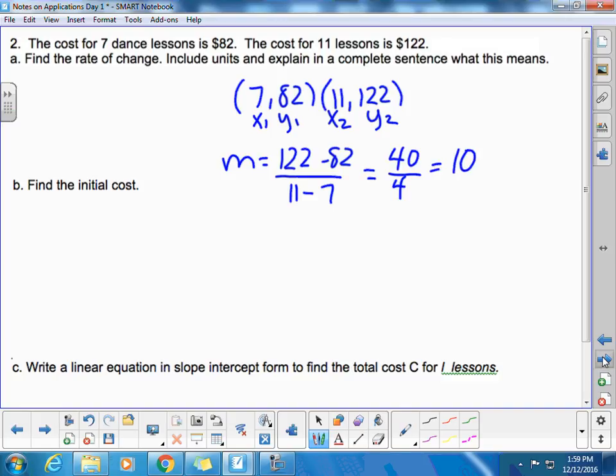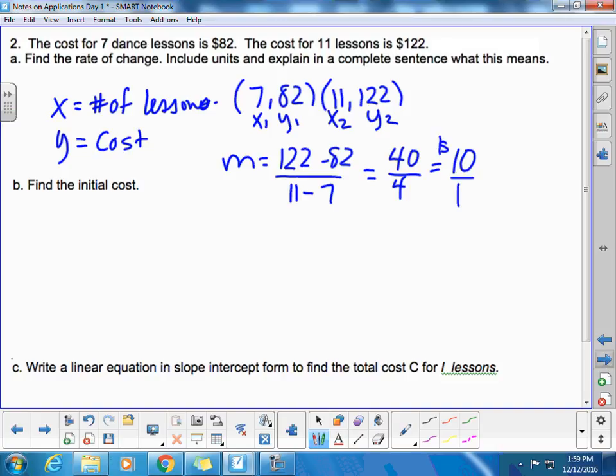It says include units. So I'm going to say x is the number of lessons and y is my cost. I should have started with that probably. This is rise over run, so this is rise. So it would be $10 per 1 lesson.